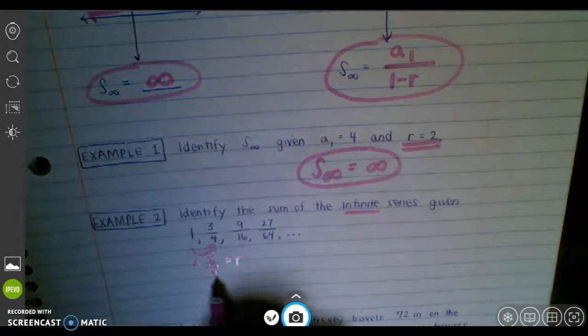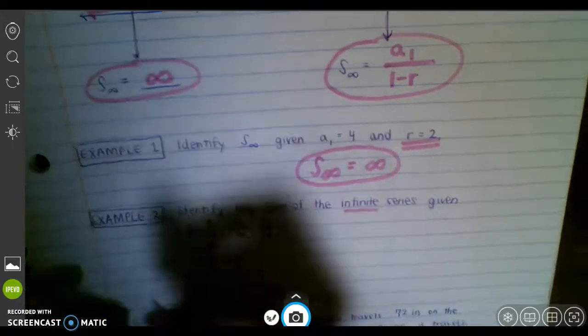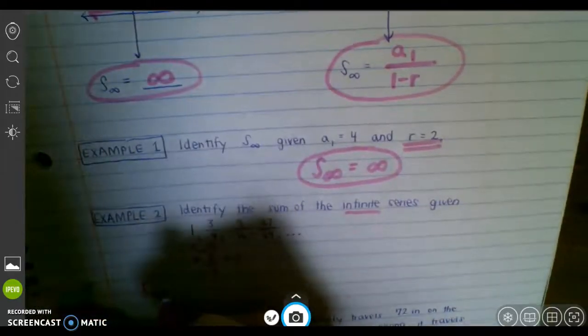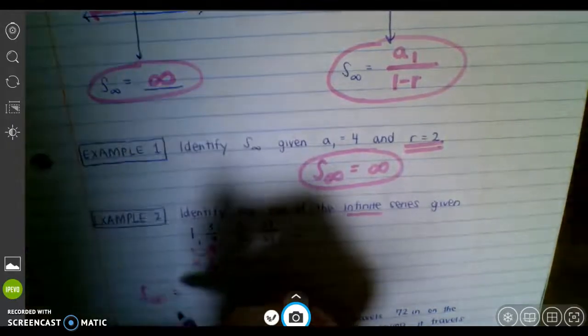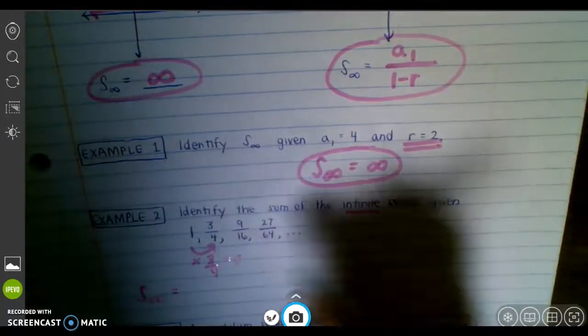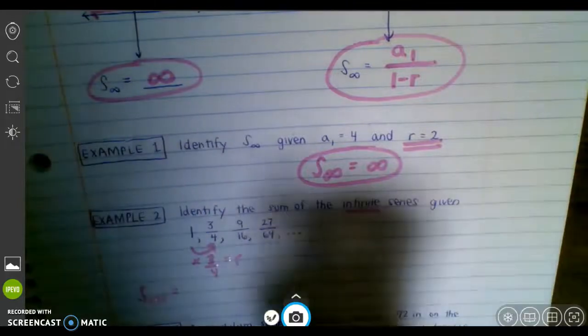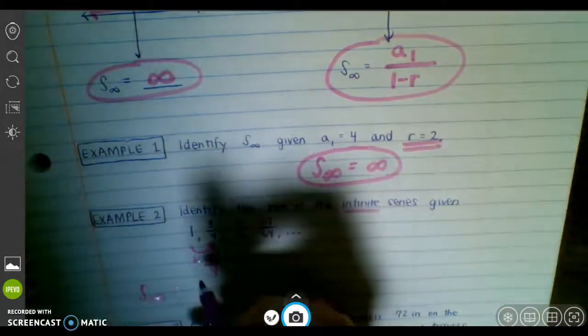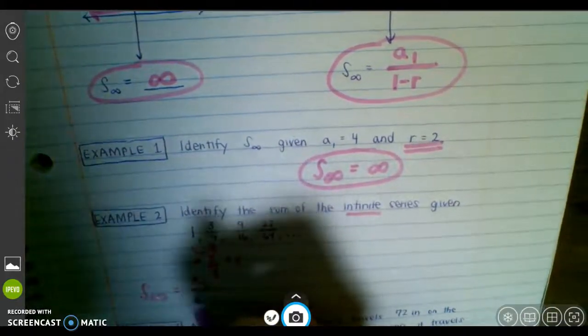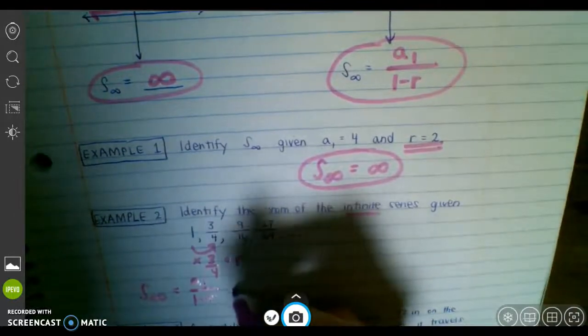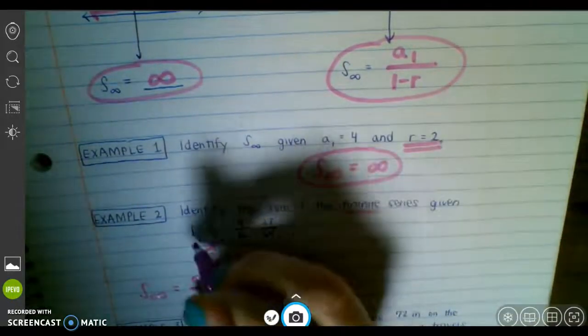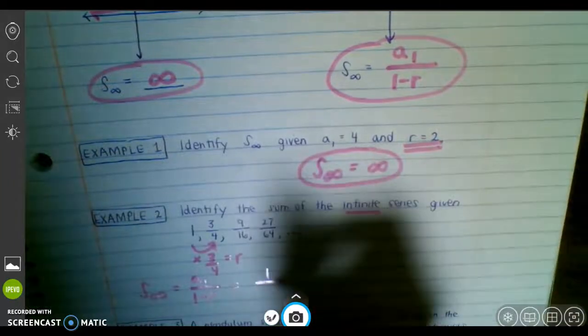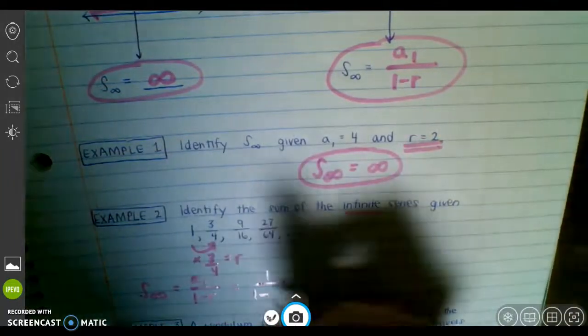And I'm thinking about an exponential decay function, so there will actually be a value when I'm adding up infinitely many terms, because I'll eventually be adding such a small fraction that it'll be insignificant. So using the formula from above, we have a sub 1 over 1 minus r. A sub 1 is 1. r was 3/4, so 1 minus r is 1/4.